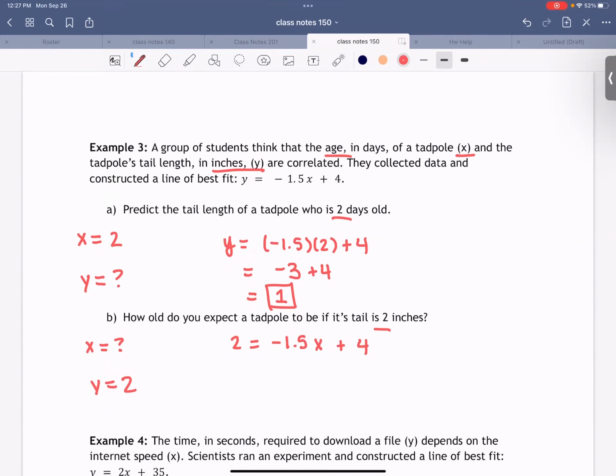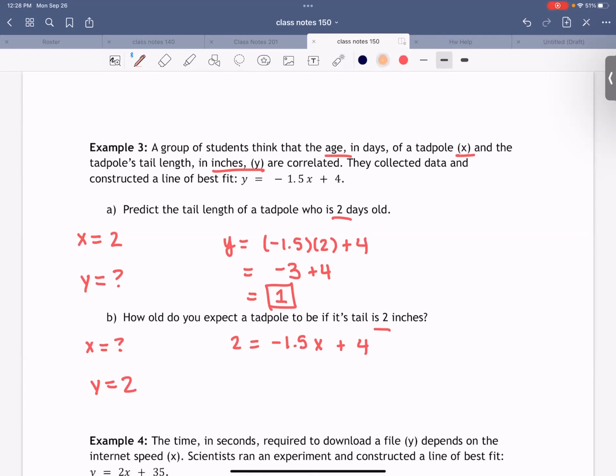This one's a little bit harder because we're not just plugging something in, we actually have to do some solving. My best advice to you is to look at this and be like, okay, the 1.5x is the hardest part of this. Adding and subtracting is easier than multiplication. Let's isolate the 1.5x first, and then we can do stuff to get x by itself.